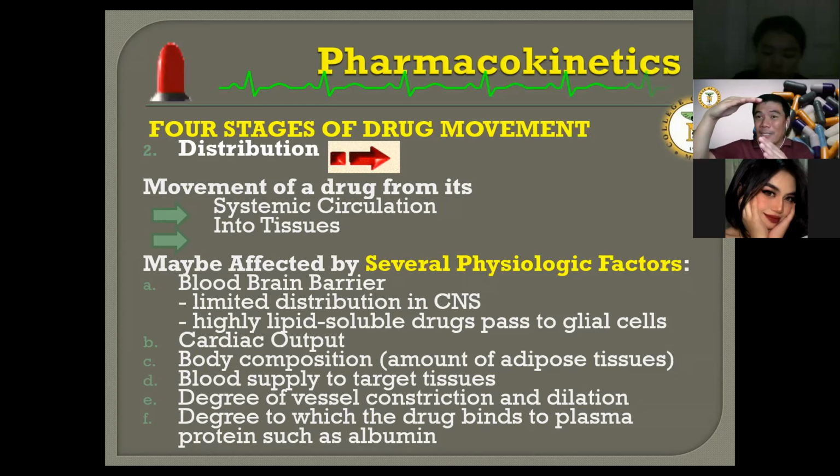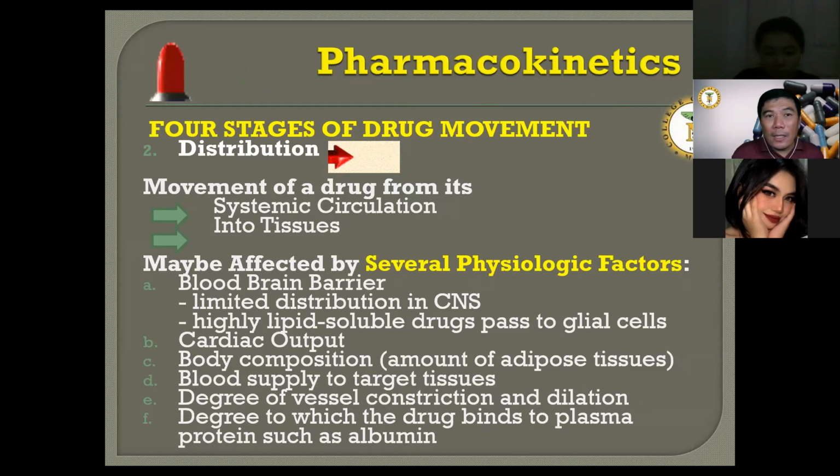So ayan na naman, here comes the term barrier. So the barrier is the one that divides the compartment, and the barrier could be a form of protection. So the blood-brain barrier is the barrier or the tissues that protect the brain, wherein if the toxic level of the drug reaches the central nervous system, specifically the brain will still be protected.